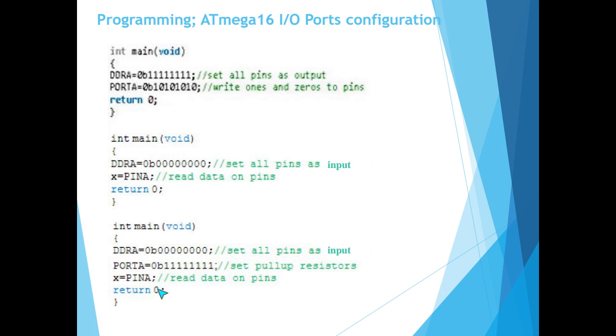All of the coding will be based on these 3 registers: the DDR register, the PORT register, and the PIN register, and we should have sufficient information about the duty of each register. Any question?